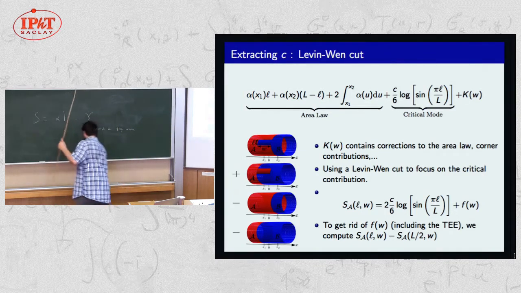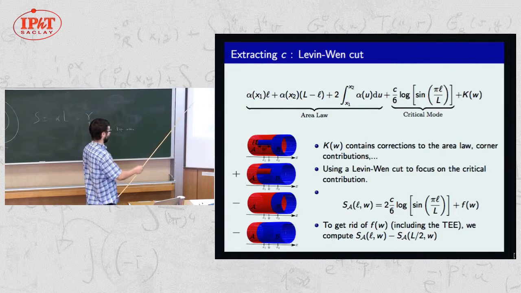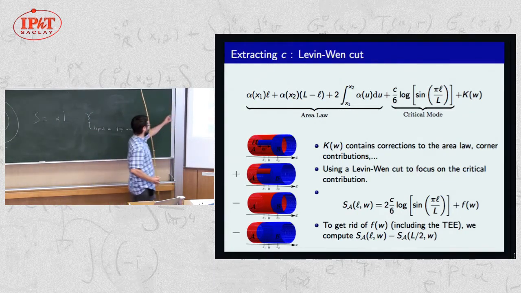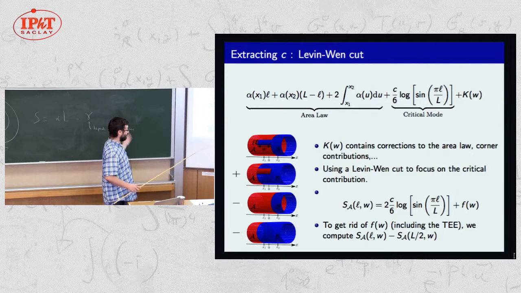The idea being that if you have a 1D system, and this is part A, and it has size little L, and the total size is big L, by varying little L, you can extract the central charge. But now we're in 2D, so we have to do this kind of cut, and the idea will be to make this vary and see how the entropy changes. And if things work well, you should find the Calabrese-Cardy formula.